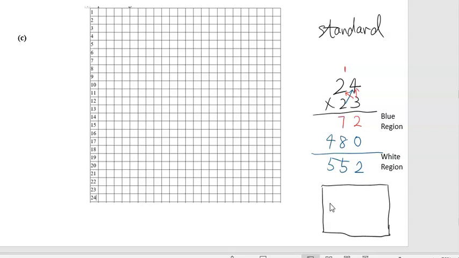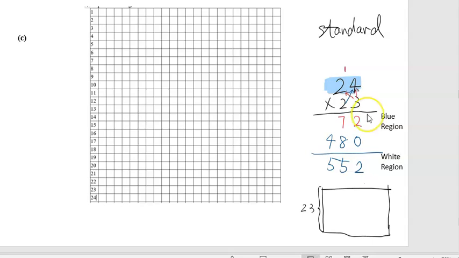This time, let's say that's 23 rows, and then 24 columns. Oh, well, actually we have to do the other way around, because notice that the way we multiply, we kept 24. We didn't split 24.